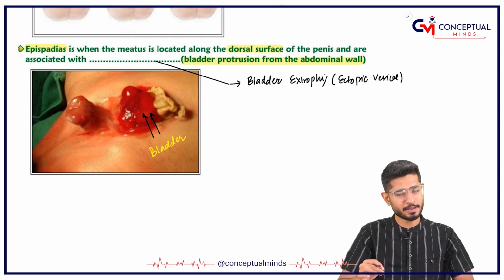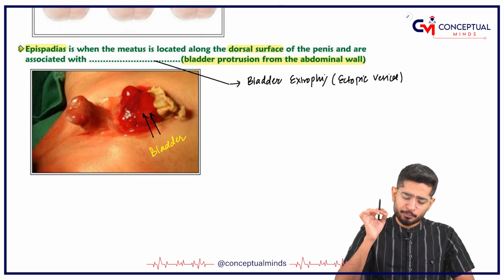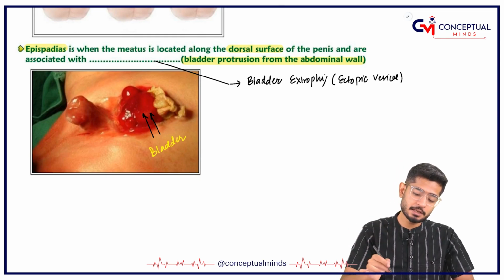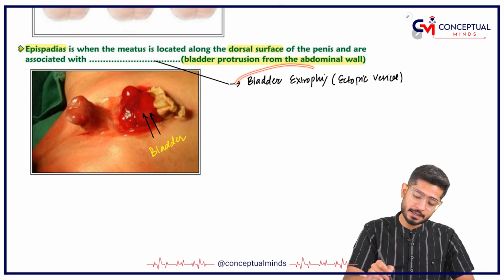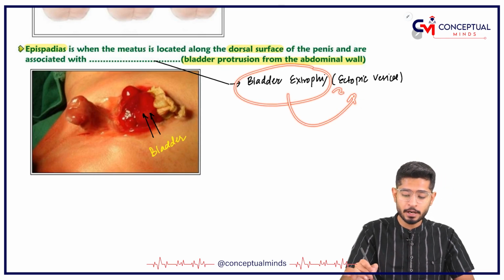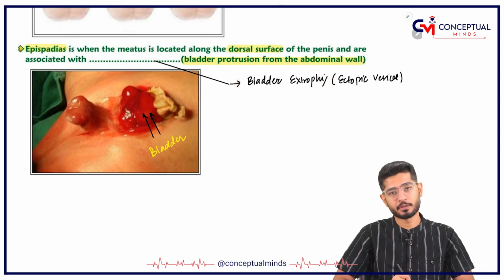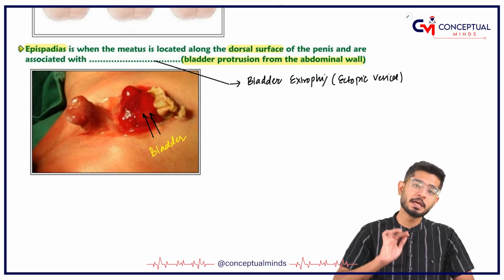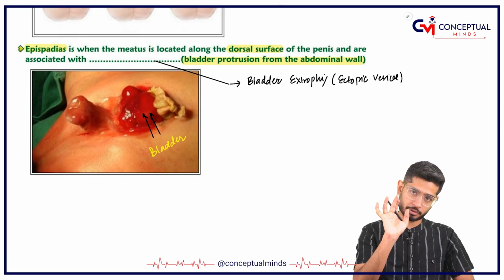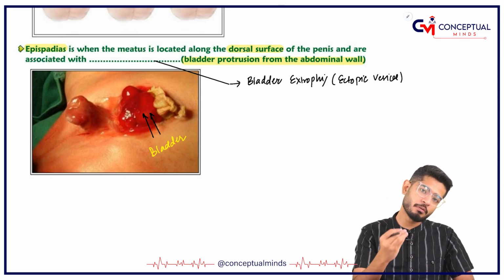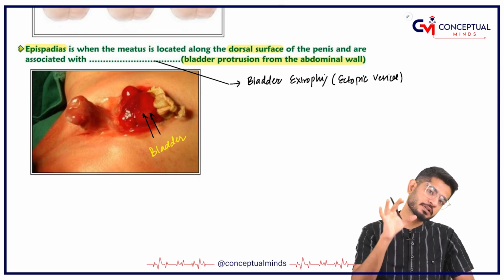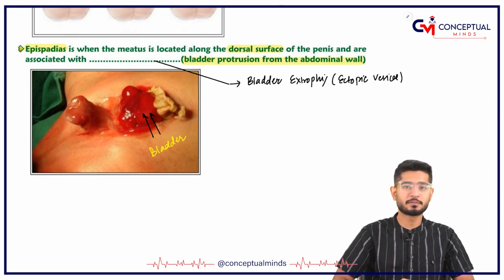And this epispadias is very commonly seen with a condition called bladder exstrophy or ectopia vesicae. What does that mean? That the bladder is coming out. The urinary opening, the meatal opening, is also on the dorsal aspect of the penile shaft.